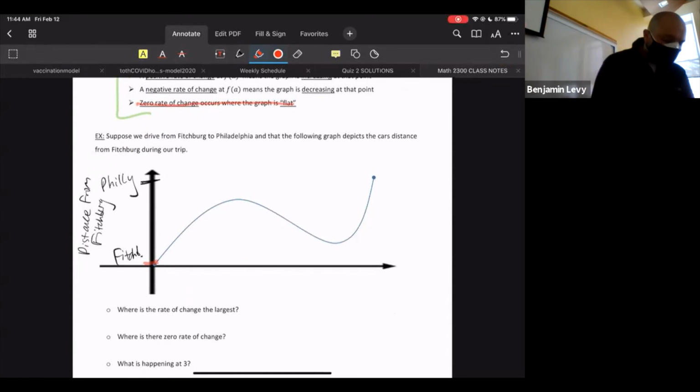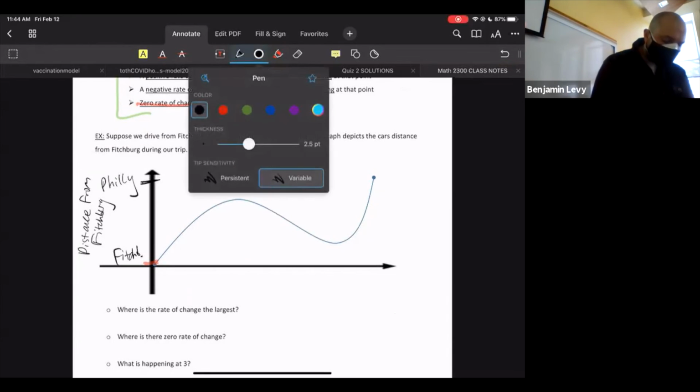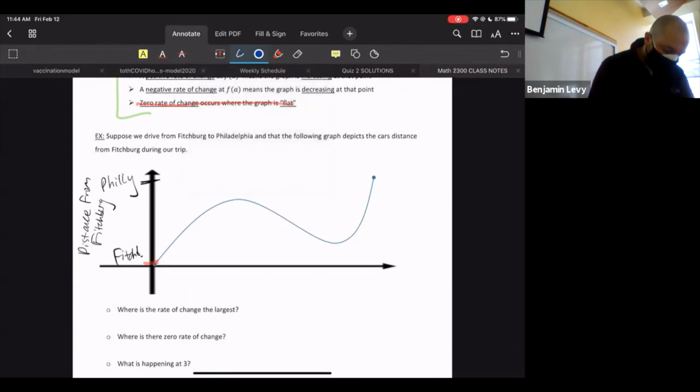So let me go ahead and label a few points, and then let's talk about those points. Let's label this point right here A. And let's say this is the point 2. Let's make B right below that peak. C is going to be right in the middle there.